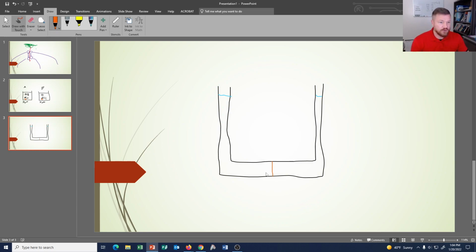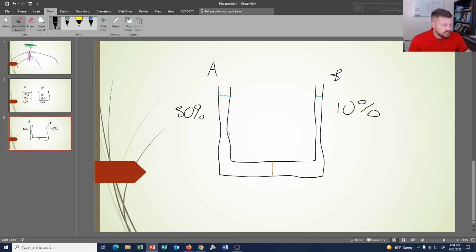Water can cross that membrane, nothing else can, only water. Let's say this side is A, this side is B. This side has a 30% concentration of salt in it, and this side has a 10% concentration of salt in it.